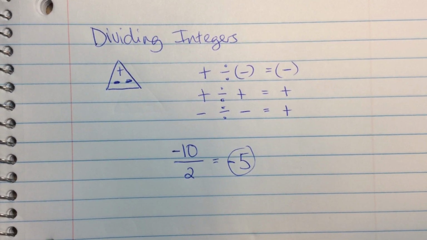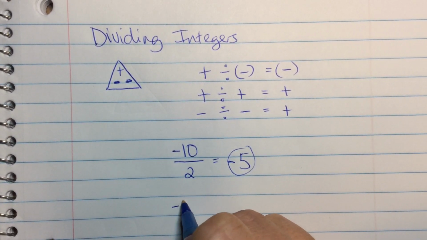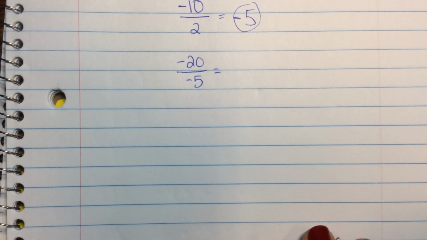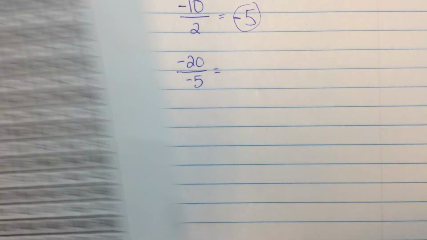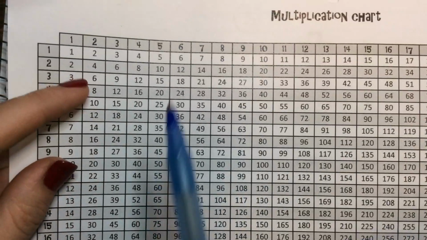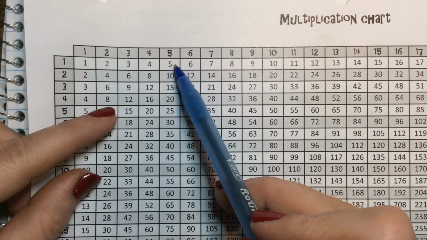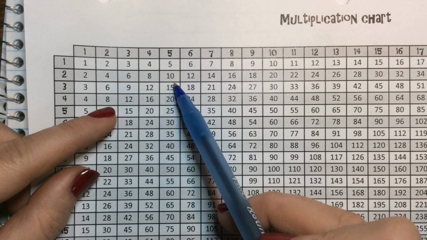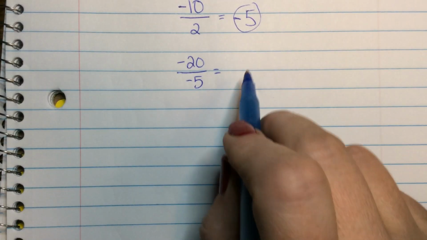Let's try another one. Let's say we did negative 20 divided by negative 5. All right, well, let's go. We're starting with our 5s and we're going to count until we see 20. So we're on our 5s column and we go 5, 10, 15, 20. So 4. 1, 2, 3, 4. So the answer is 4.